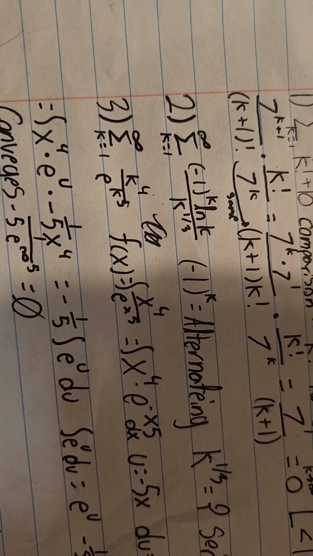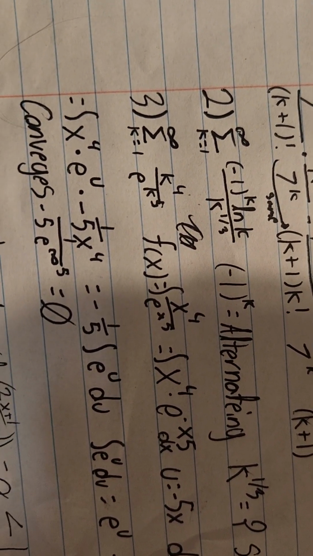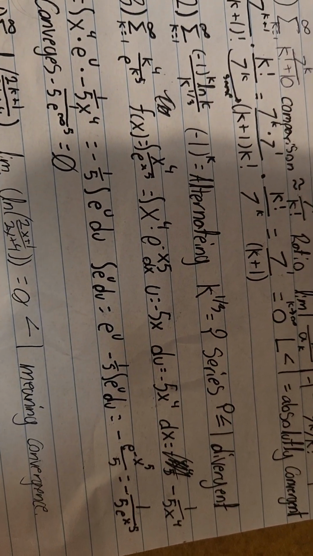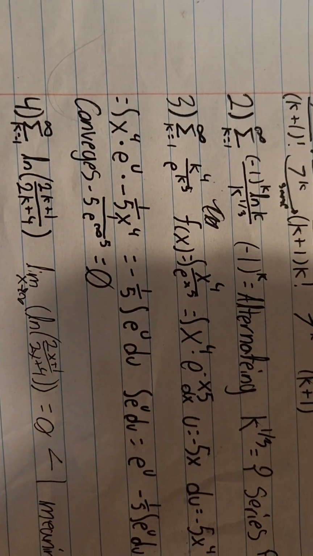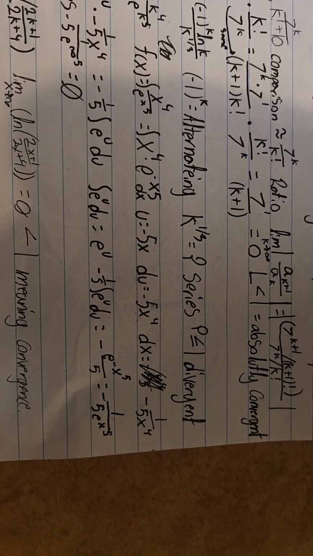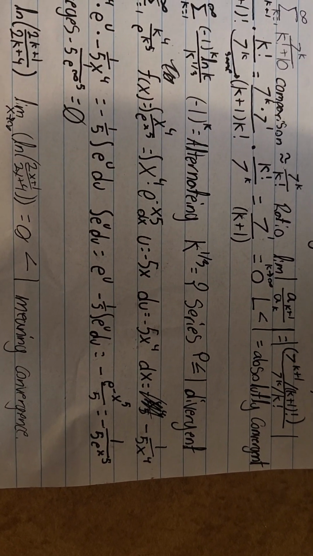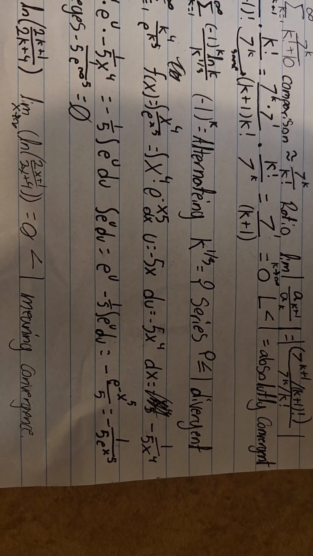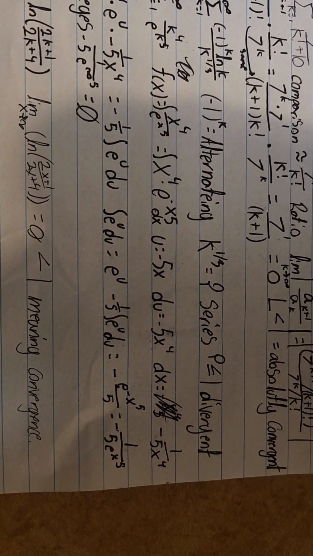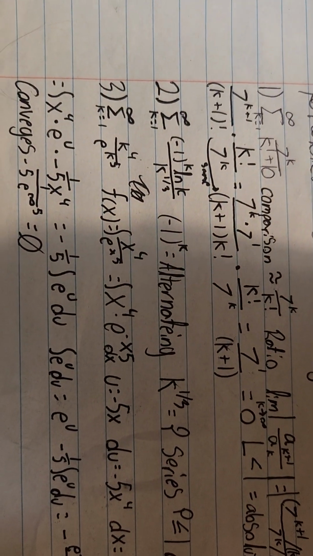And then over k to the 1/3, which is the same thing as k to the negative cube root, I believe. Sorry, I don't know why I'm trying to explain that, but this one was relatively easy.